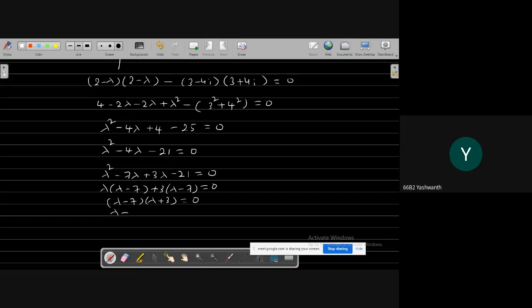Therefore lambda minus 7 equal to 0, lambda plus 3 equal to 0. That means lambda equal to 7, lambda equal to minus 3. Therefore the roots are minus 3, 7.